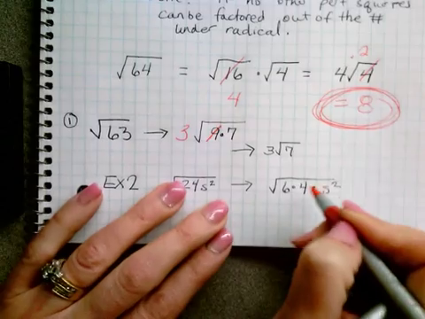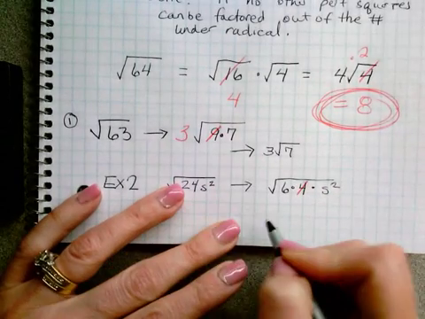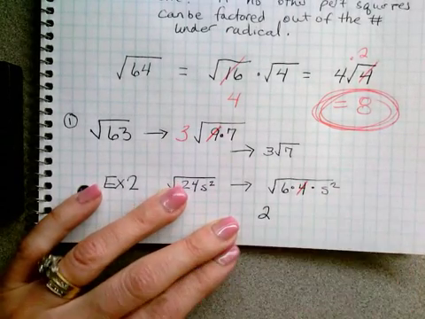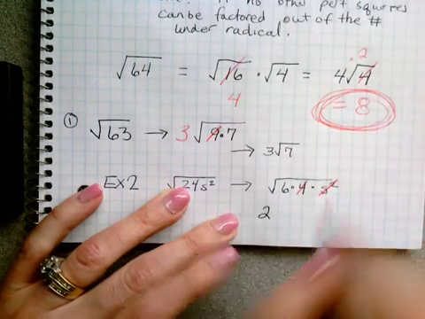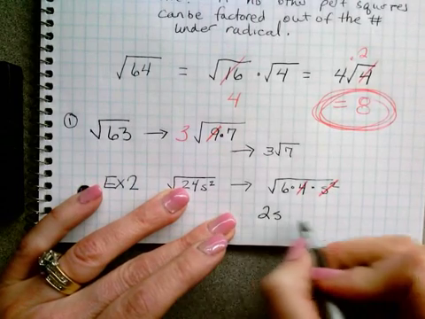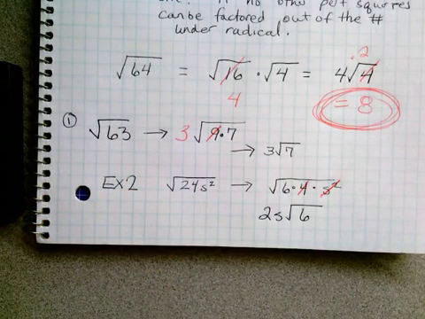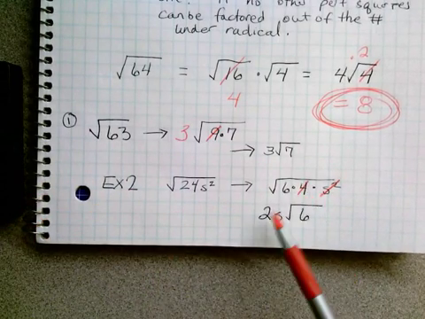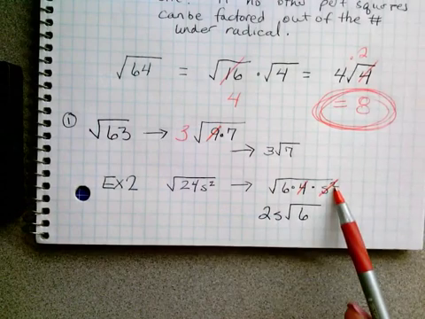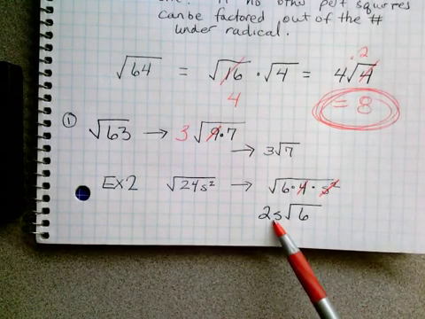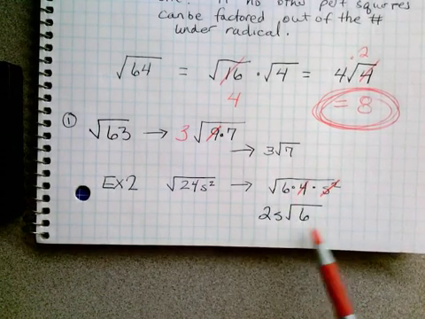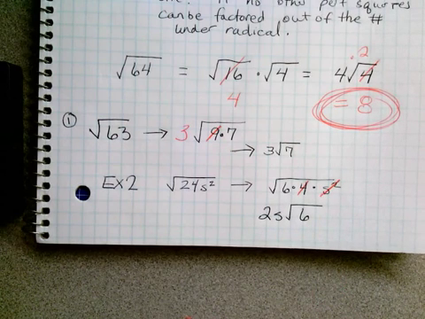Awesome. Square root of 4 is 2. Square root of s squared is s. You are left with a 6 under the radical. Square root of 4 comes out. Square root of s squared comes out. All that's left under the radical is the 6. There's your final answer. Okay?